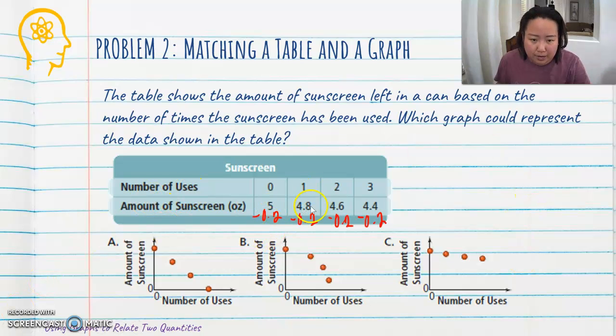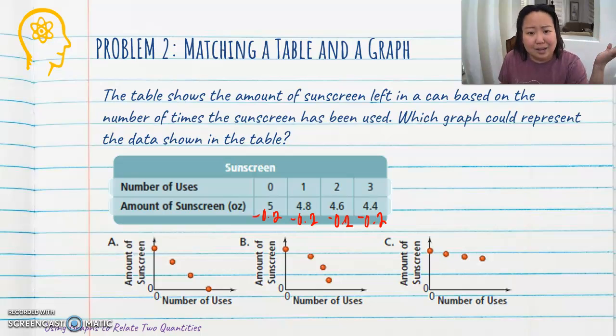If you analyze and observe the pattern, you will see that every time you use the sunscreen, you are lessening the amount by subtracting 0.2 ounces. So it's a steady drop. We have 2 visualizations with a steady drop, letter A and letter C. But after the 3rd use, the question is, do you still have sunscreen left in your tube?